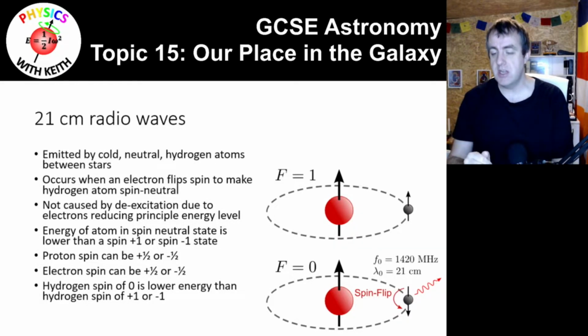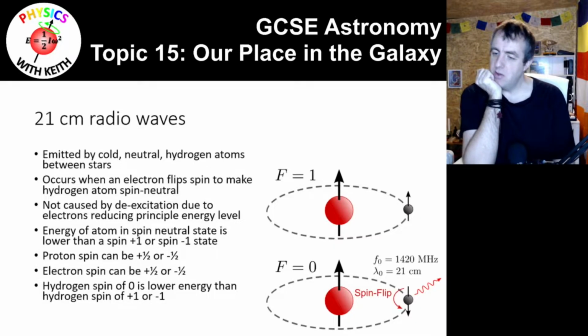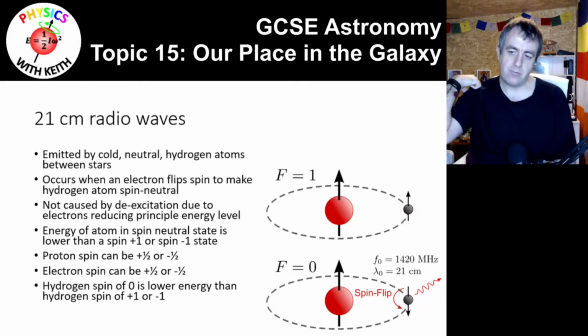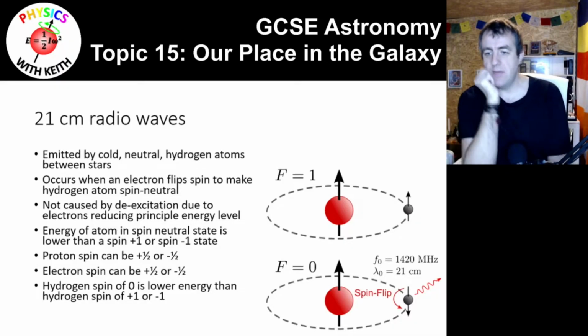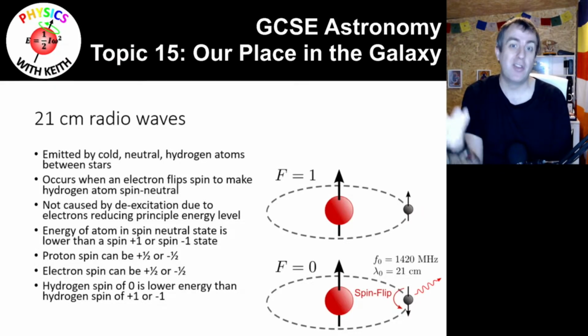Well, that's fine, but that's not what's happening with these types of radio waves. With these radio waves, it's caused by the electron staying in the same energy level, but just switching its spin. And I find this absolutely fascinating. It's probably not something you need for your Edexcel GCSE in astronomy, but come on, it's good stuff.